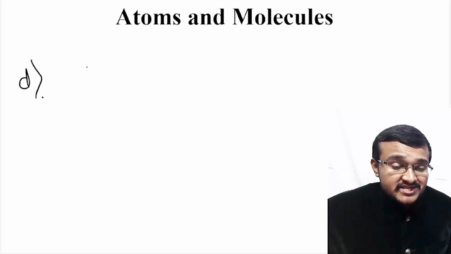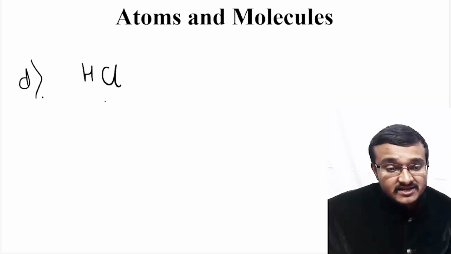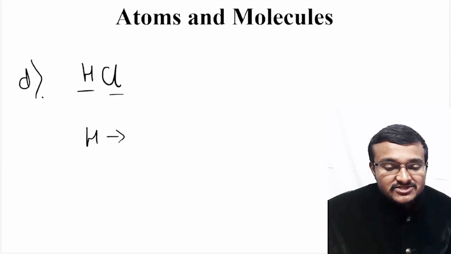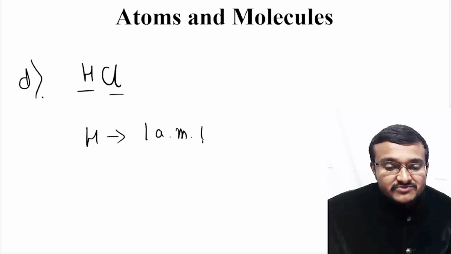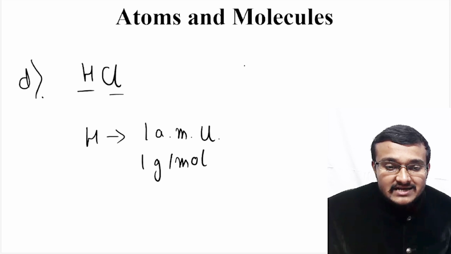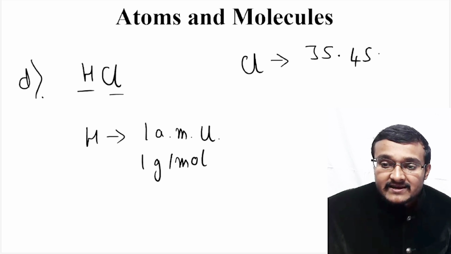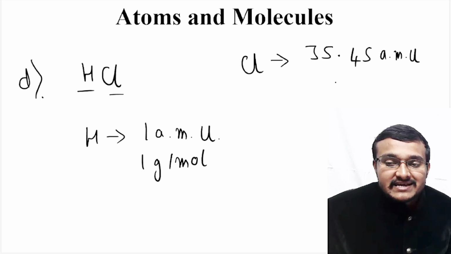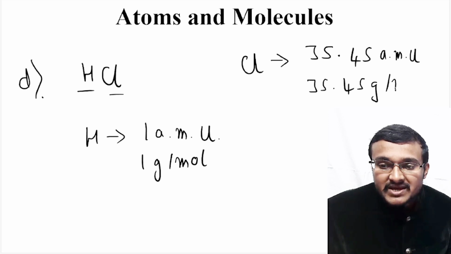Coming to the D question in this sixth question, there they have given hydrochloric acid, that is HCl. Here one hydrogen atom is there and one chlorine atom is there. The atomic mass unit of hydrogen is 1 AMU, or if you express this in molar mass, then it will be 1 gram per mole. And the atomic mass unit of chlorine is 35.45 AMU, or this can be expressed in molar mass as well, that is 35.45 gram per mole.